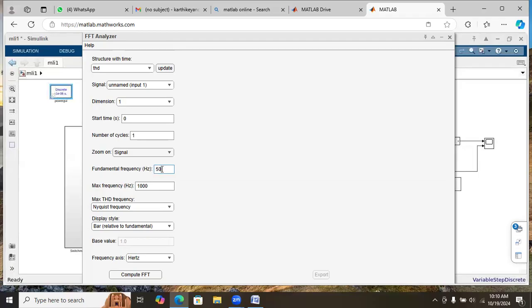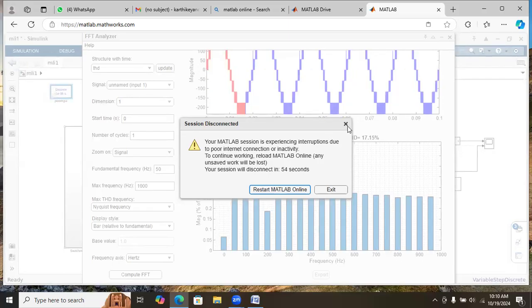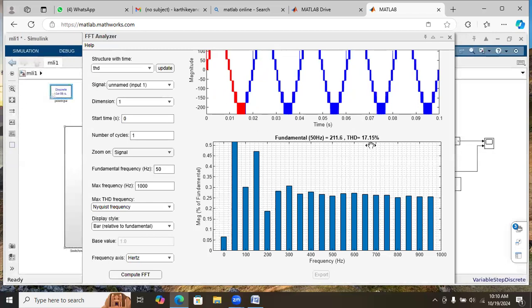Fundamental frequency 50. Here the THD is in the range of 17.15.